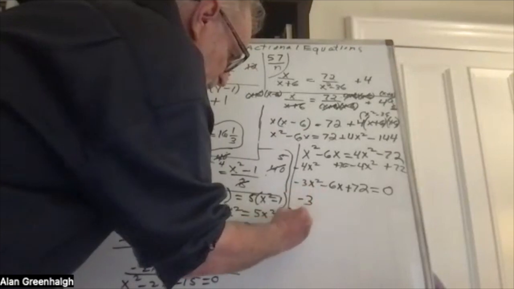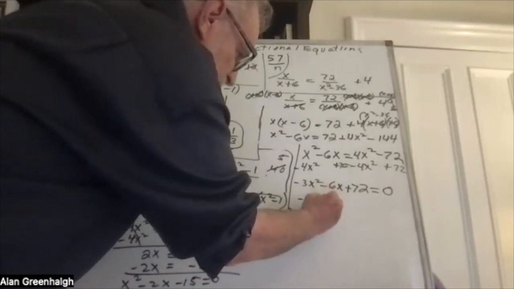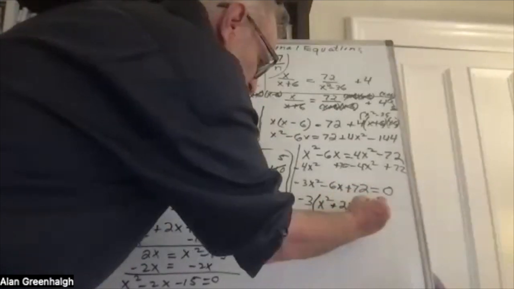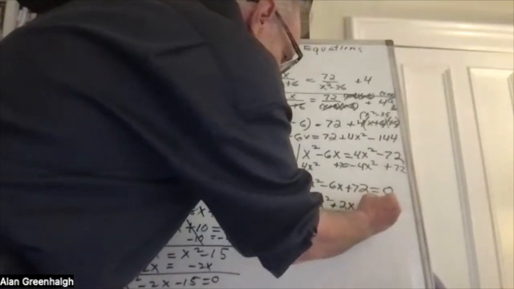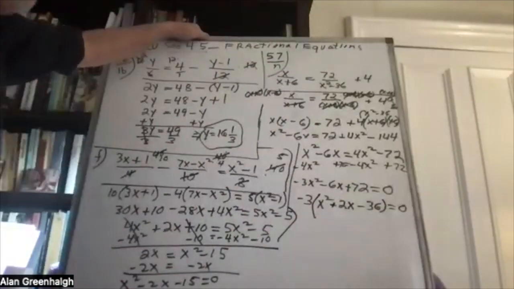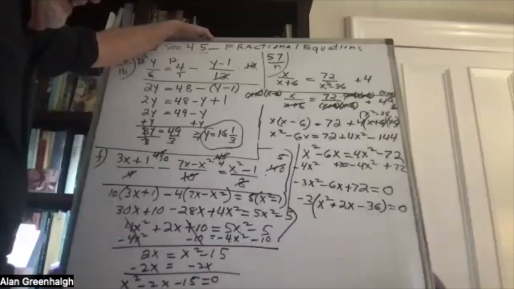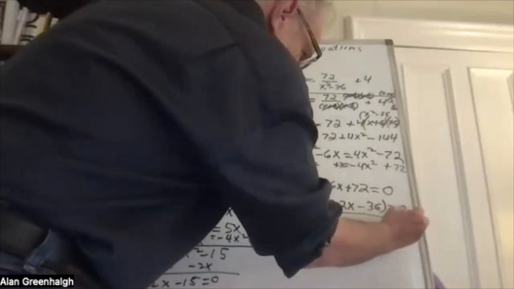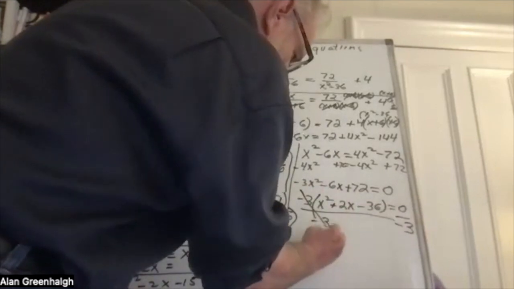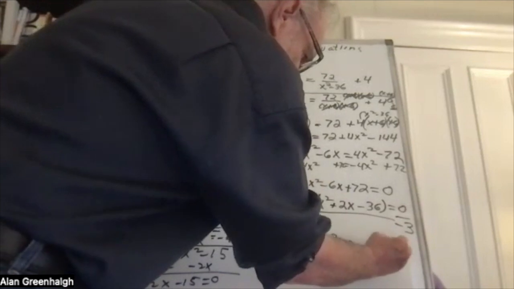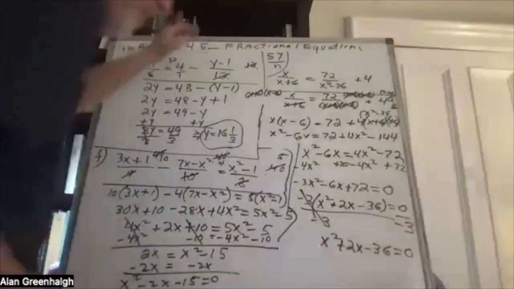Factor out a negative 3, and that'll leave us with x squared plus 2x minus 36 equals 0. And let's get rid of this. So we're left with x squared plus 2x minus 36 equals 0.